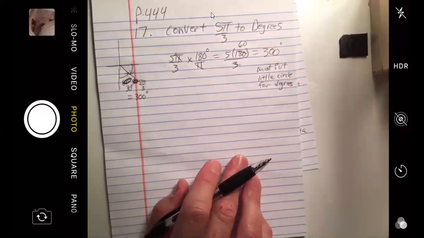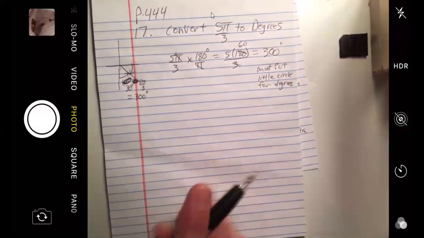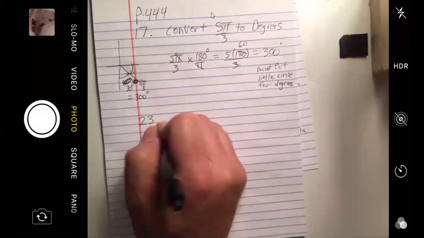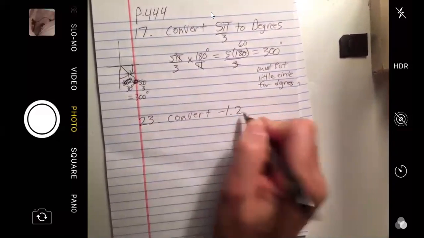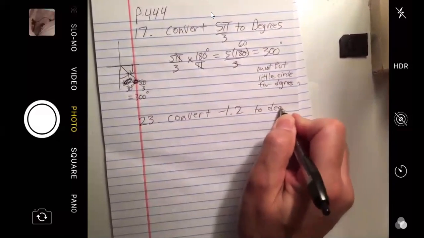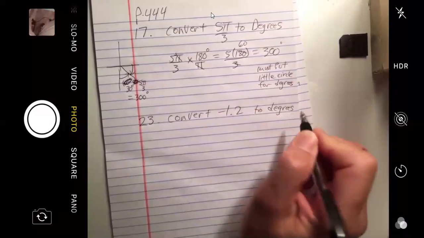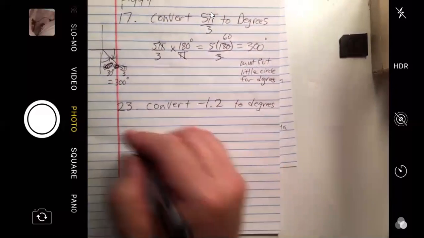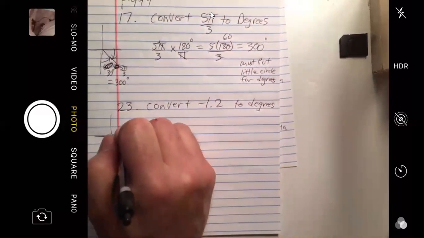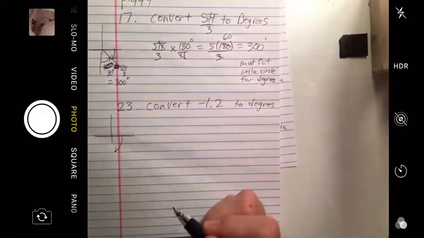Okay, what about an odd one like 23? Convert negative 1.2 to degrees. Now, negative 1.2 is going to be down somewhere in this direction.